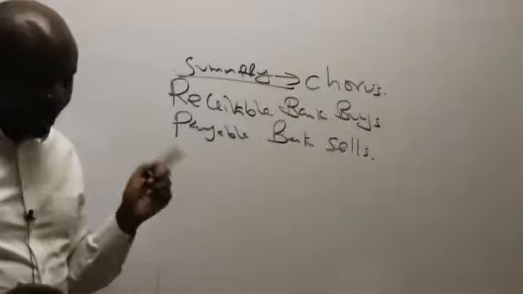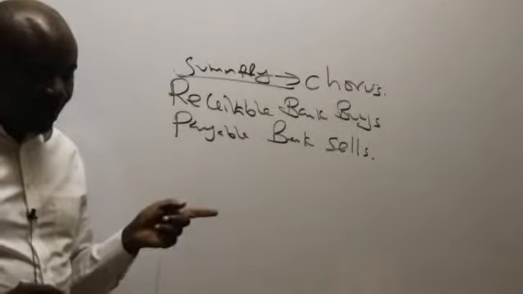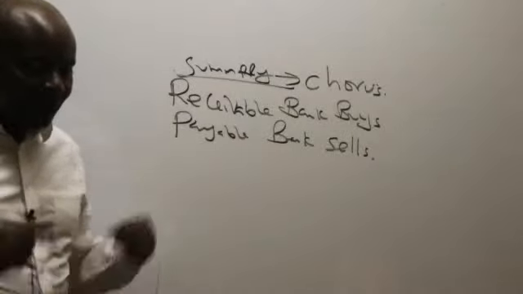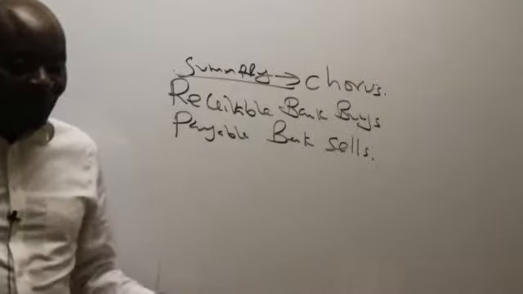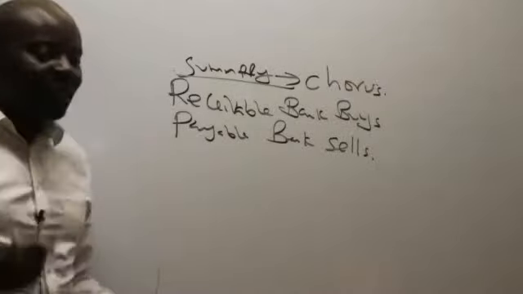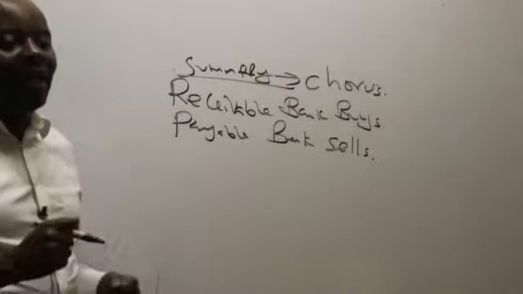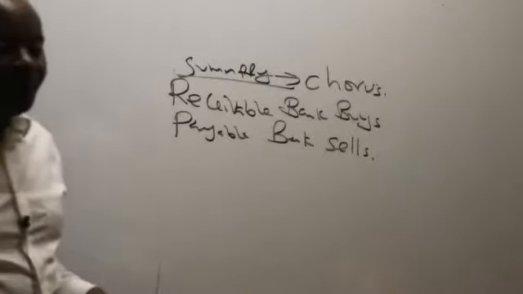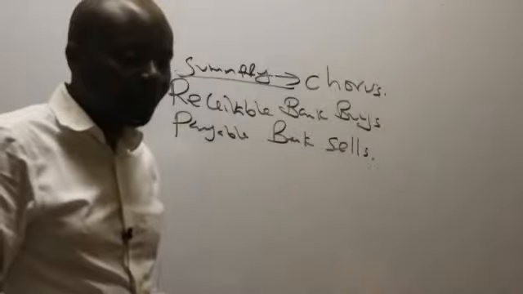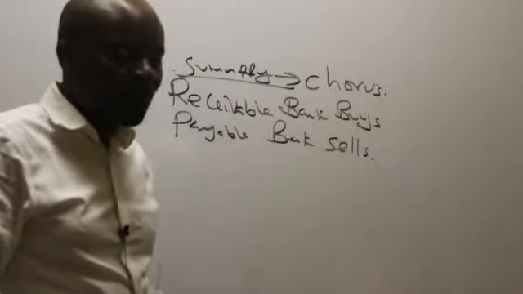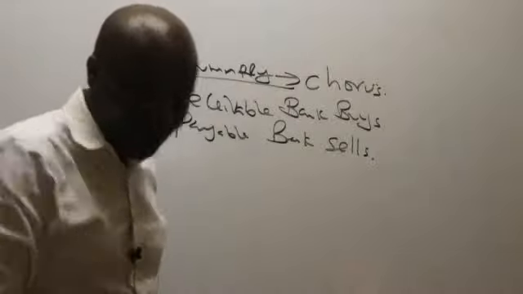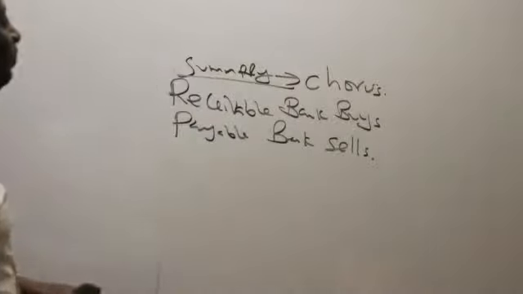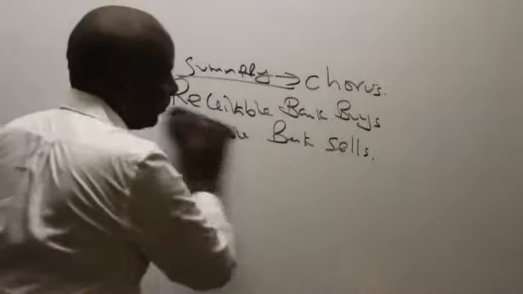Receivable: if I receive foreign money, the bank will buy from me. Very, very important. So that's for the 1 month.